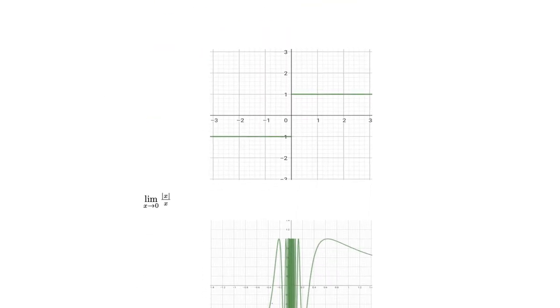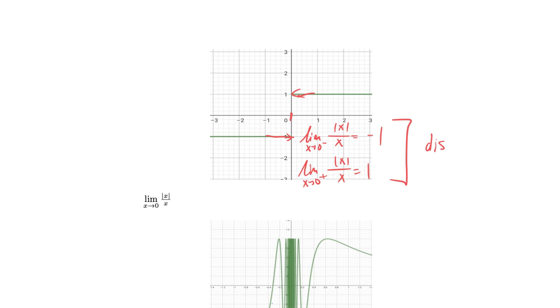From the left, as we approach x equals 0, this limit is equal to -1. And from the right-hand side, it is equal to 1, just by tracing. We see that the limits on both hands exist, but they disagree.